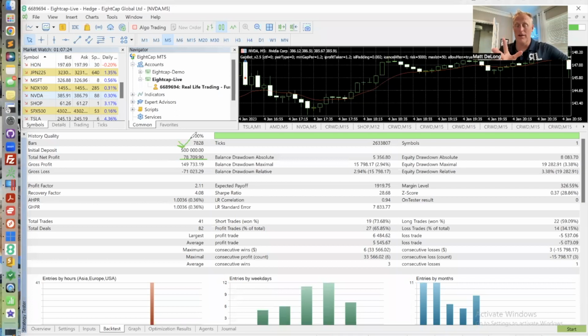Normally it costs $500,000, but if you have a real life trading funded account, it only costs you 5K. And you're like, Matt, can I take 5K, get a 500K funded account, run this bot? Obviously, we're over our 10%, and we still are within our bounds of our 6% max drawdown. The answer is yes and yes.